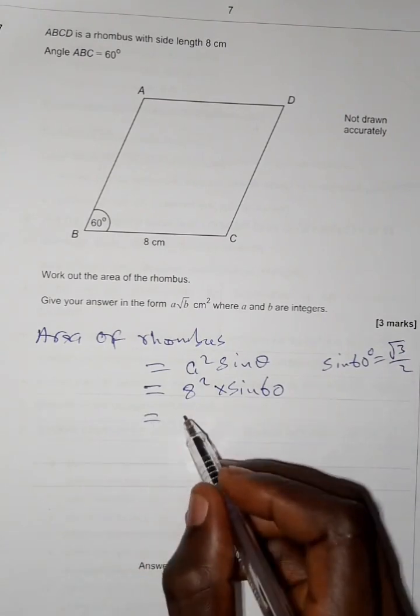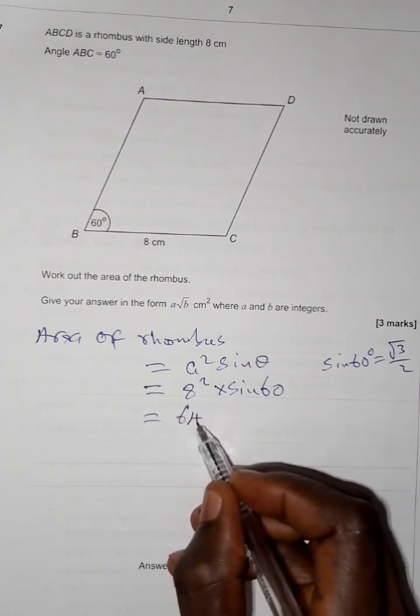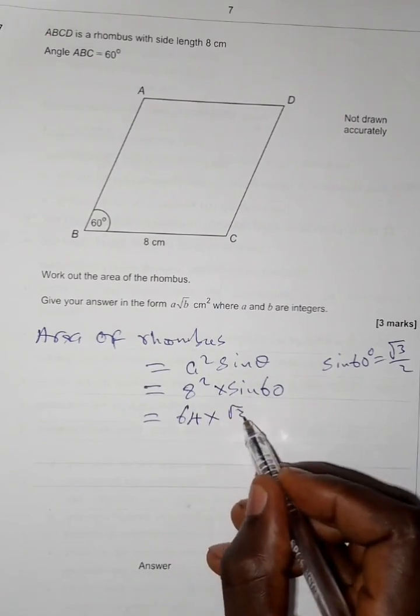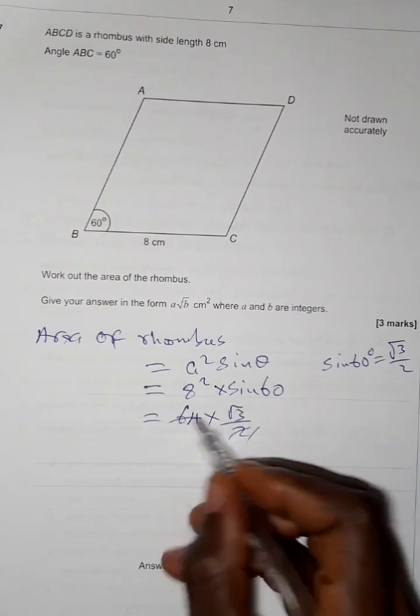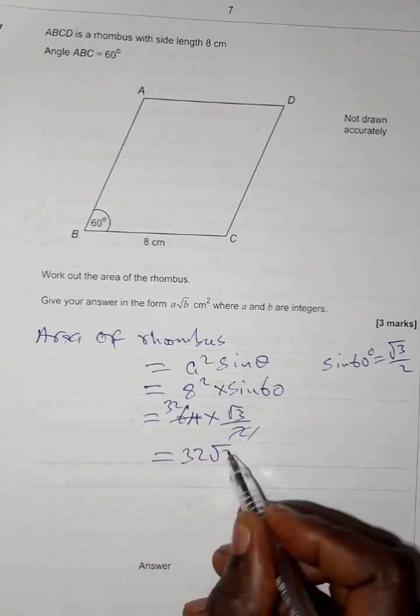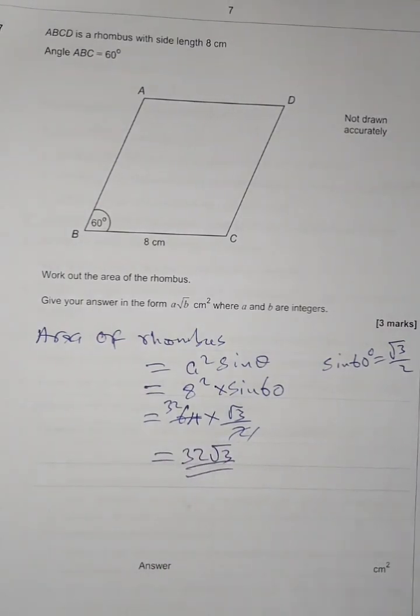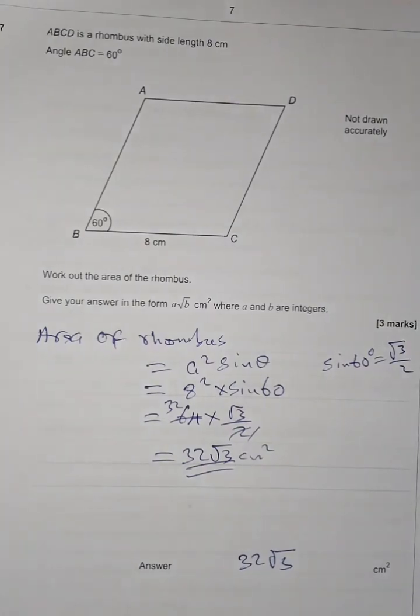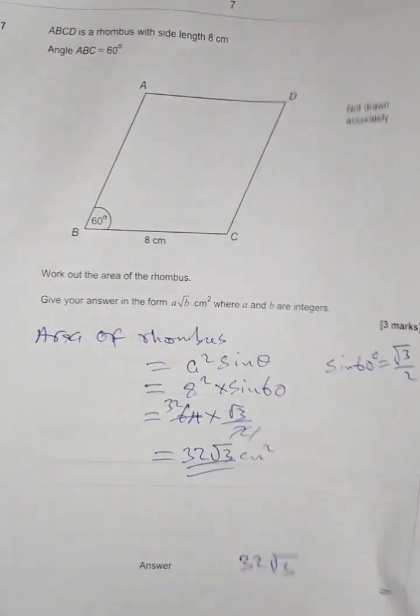Then this will be the same thing as 64 times square root of 3 all over 2, 1, 2 here will give us 32, and our final answer will be 32 square root of 3. Because we are asked to leave this answer in root form, so this will be 32 square root of 3 in centimeters squared. So this is how we solve this particular question.